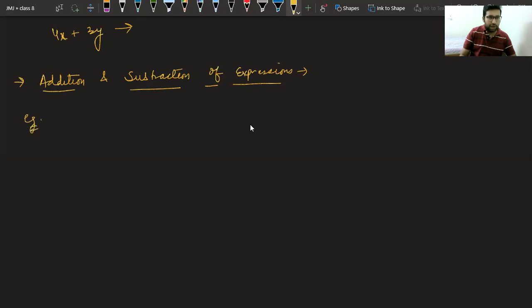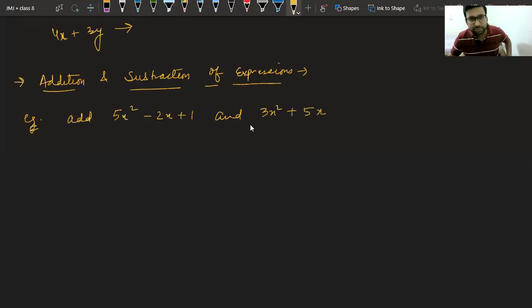Example I'm giving you: add 5x square minus 2x plus 1 and 3x square plus 5x. You have to add these two expressions and tell me the answer. Do it fast.